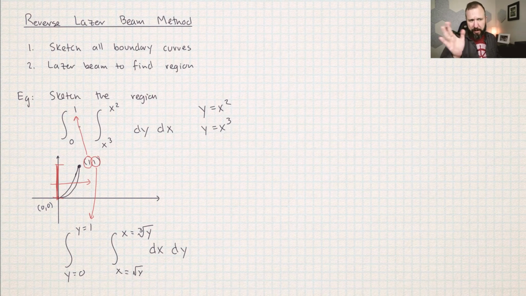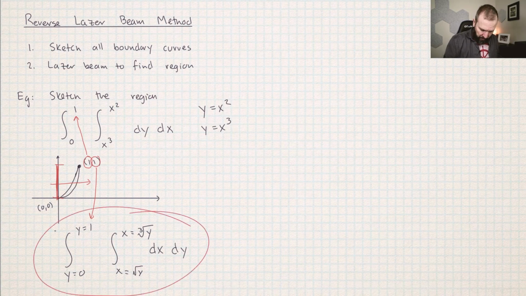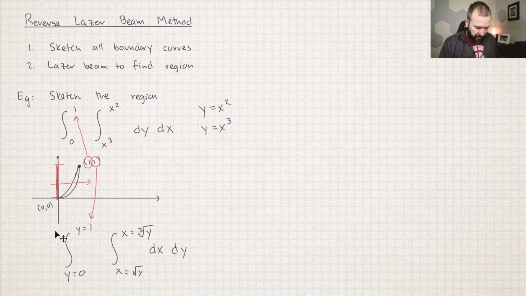This problem had symmetry, so they were both the same, but in the bottom one, those are y values, and in the top one, those are x values. That's the process you use to reverse the order of integration. You sketch the region, you use the reverse laser beams to figure out which region you're talking about, and then you go through the process of setting it up.